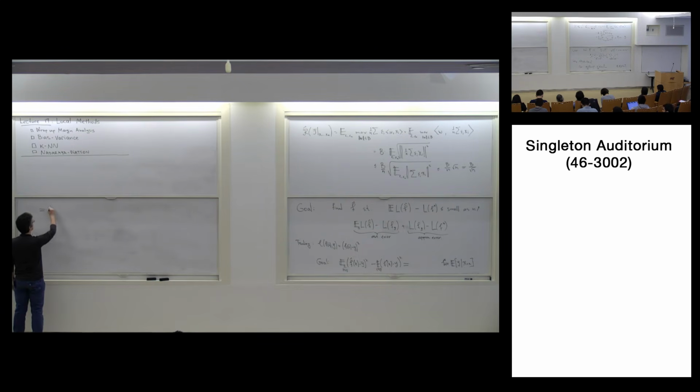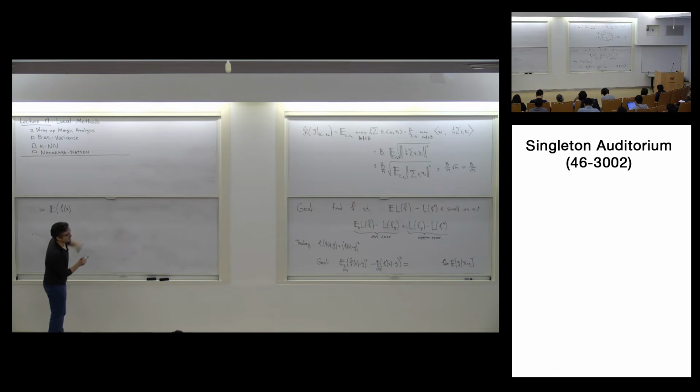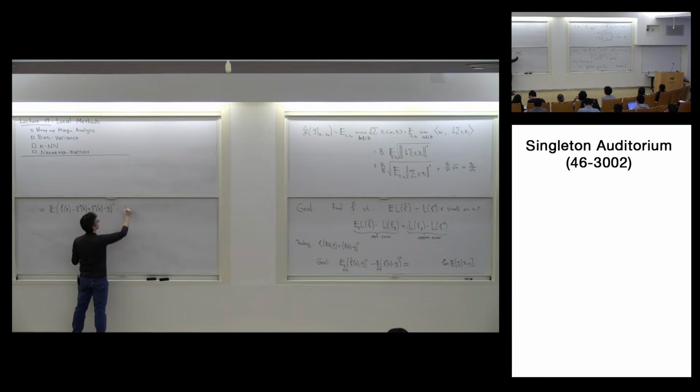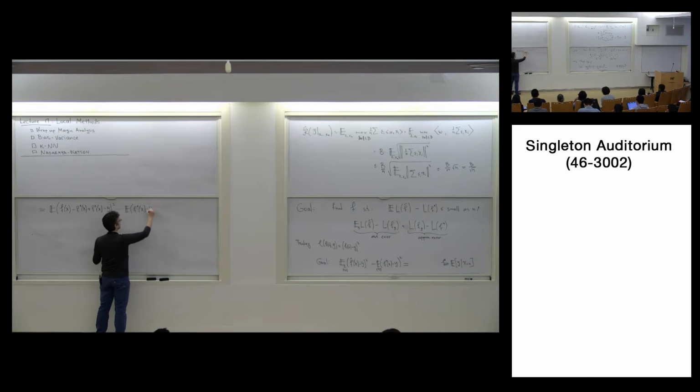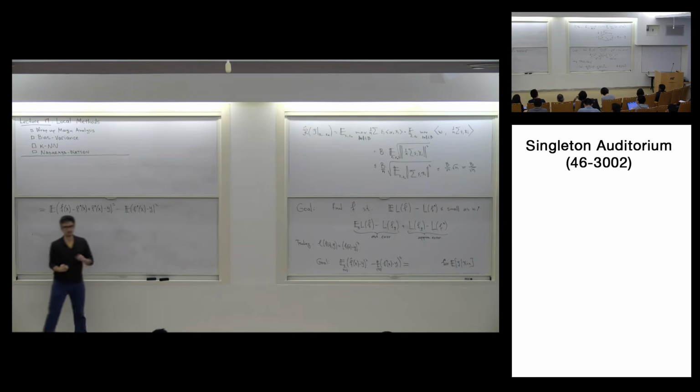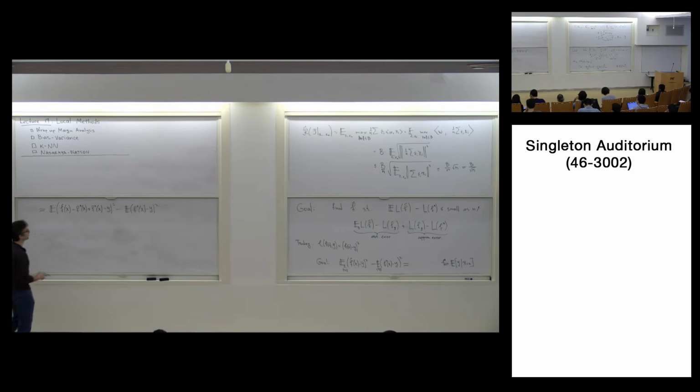So what I'm going to do is I'm going to take f hat of x minus y, and I'm going to stick in the middle f star of x plus f star of x, minus y squared, minus expected f star of x minus y squared, right? I haven't changed anything. This is equality.